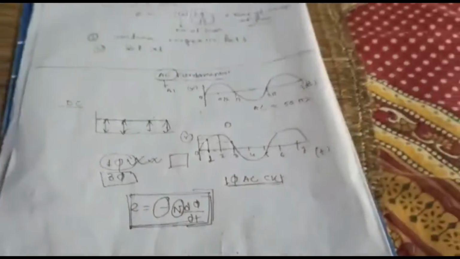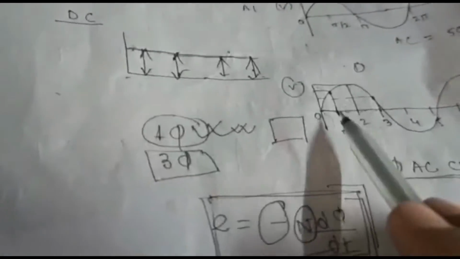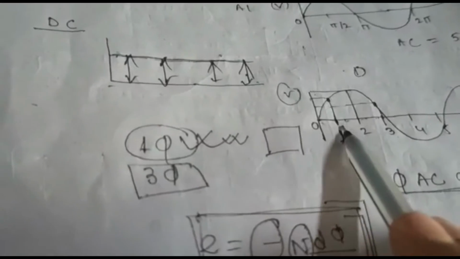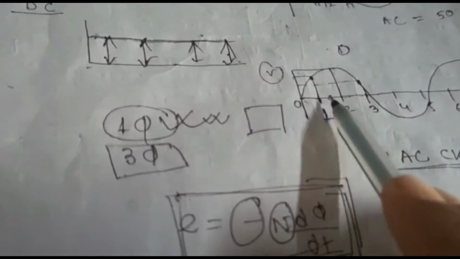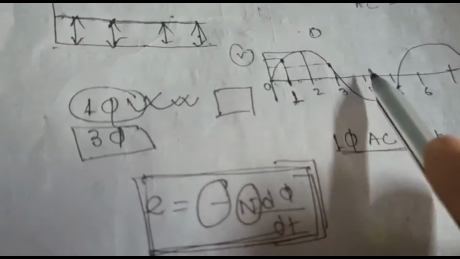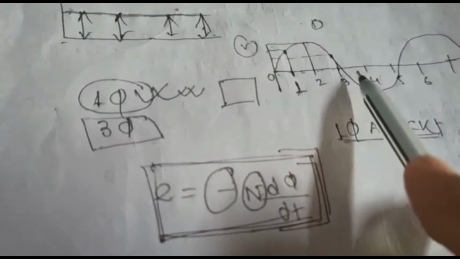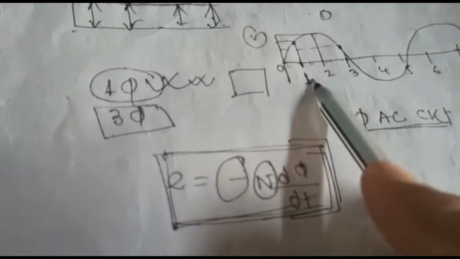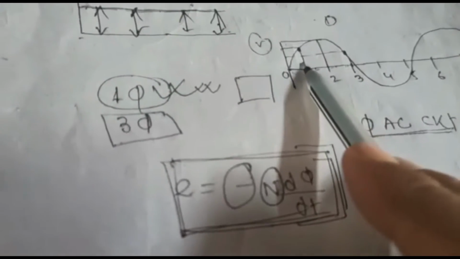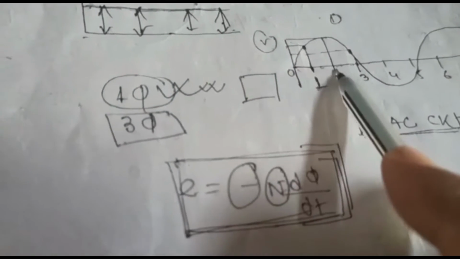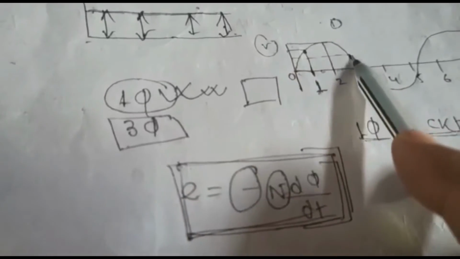And then the question is, what is the instantaneous value? Look at our curve, this is an alternating signal. We start from 0 and the value increases, with time points 1 2 3 4 5 6 7 8. From each point we get a specific value. At point 1 we get a specific value here, at the second a specific value, at the third a specific value, and each point has a specific value.